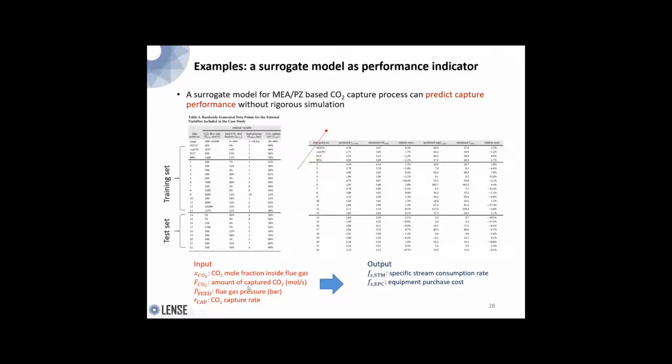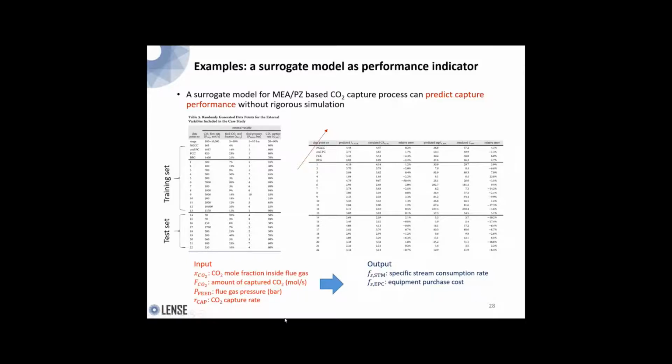Then the flow rate, the amount of the CO2 gas, and then flue gas pressure. So pressure is an input, and how much you want to capture is also an input. So that's the operating condition. You may want to capture 80% of the incoming CO2 or 90% of CO2.